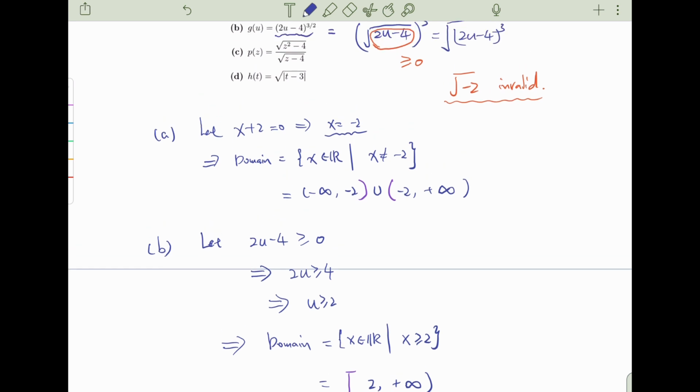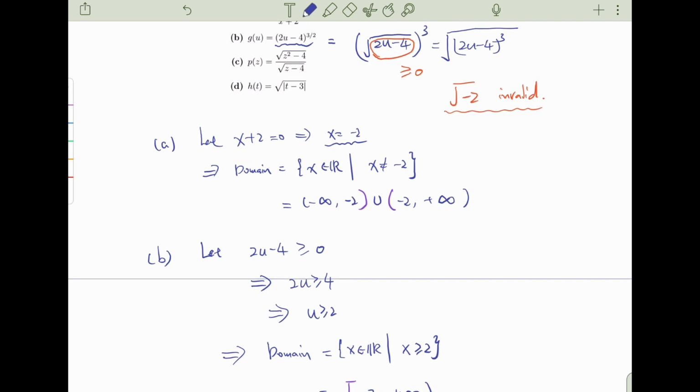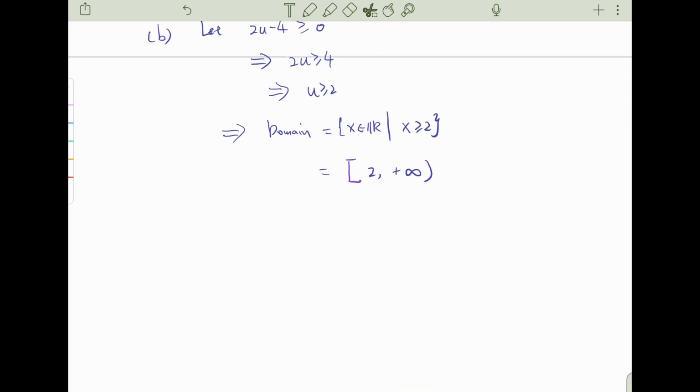We have 2 left. That is question C and question D. Now let's take a look at question C. It's a little bit more difficult than the previous 2. So right now we have 2 things to consider. Before, we said that we need to pay attention to the square root as well as the fraction.